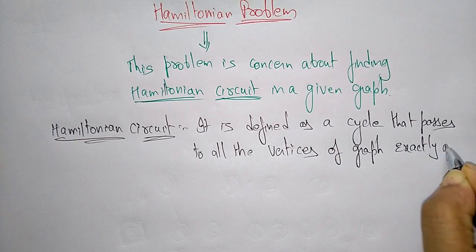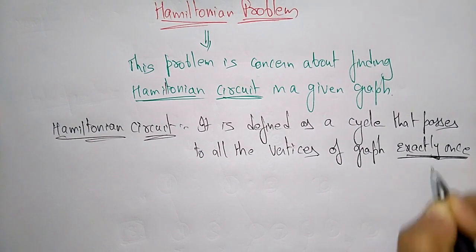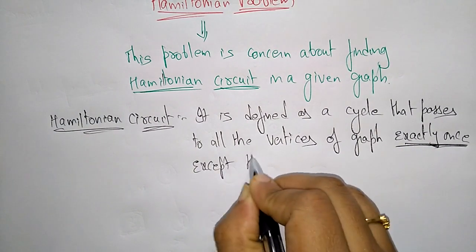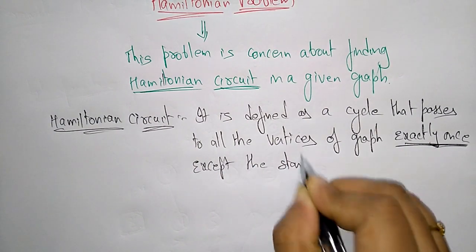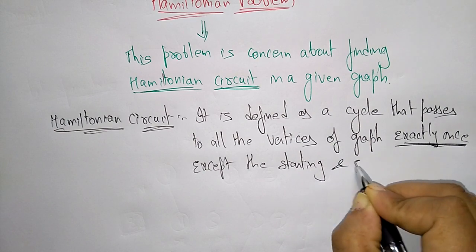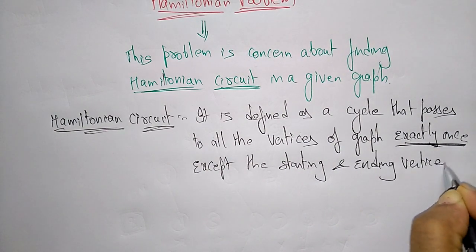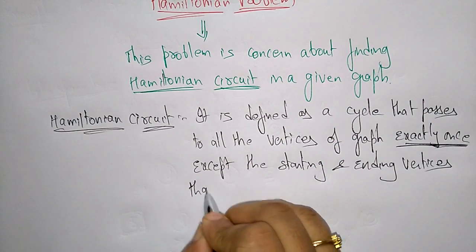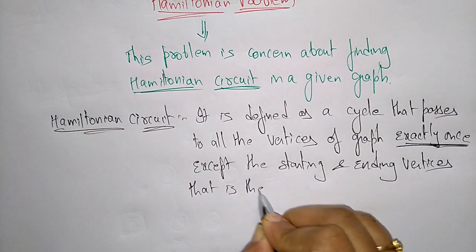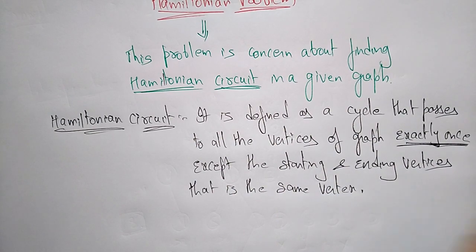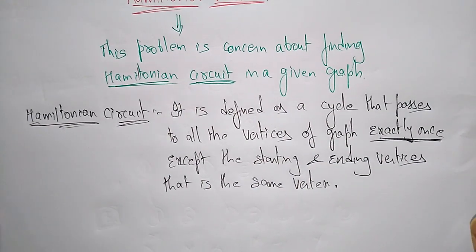You have to remember this point: exactly once, except the starting and ending vertex. The starting and ending vertex is the same vertex. This is the definition of a Hamiltonian circuit.